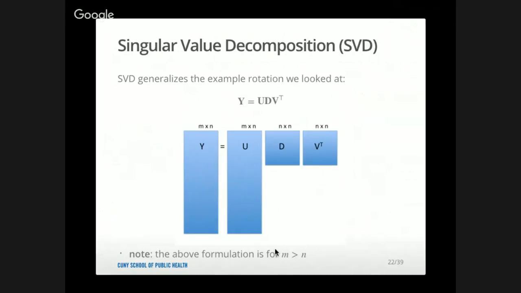And this is specifically for the high dimensional cases where we have more rows than columns. The decomposition is a little bit different in non-high dimensional cases, but I'm only going to give the formulation here for high dimensional data.